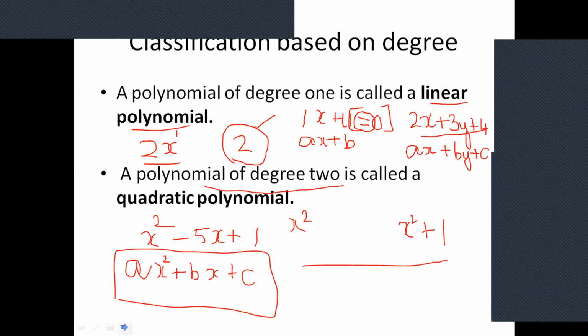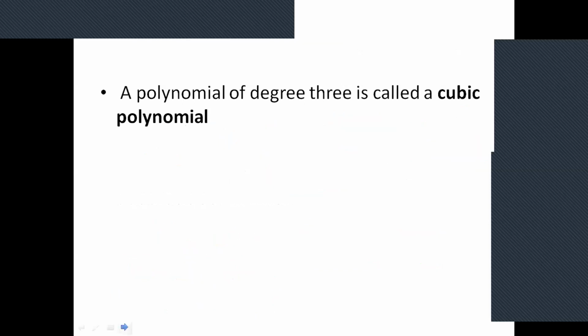Next, we'll move on to the next type, that is nothing but the cubic polynomial. Now, what is this cubic polynomial? It is a polynomial with the highest power of the variable as 3, or degree 3. For example, some of you have given x cube plus 1, correct?